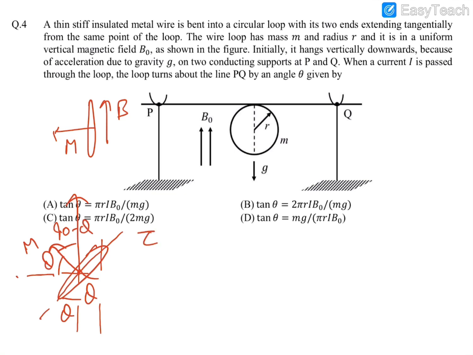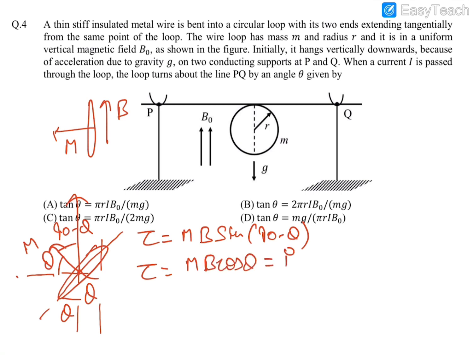So the new torque will be MB sin(90 minus theta). So torque will be MB cos theta, and M is I into pi r square, and B cos theta.